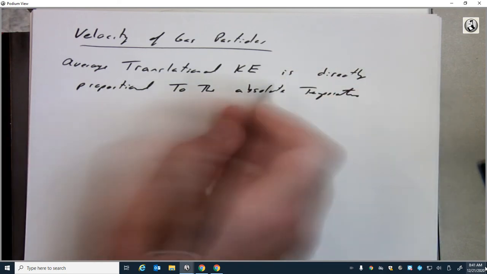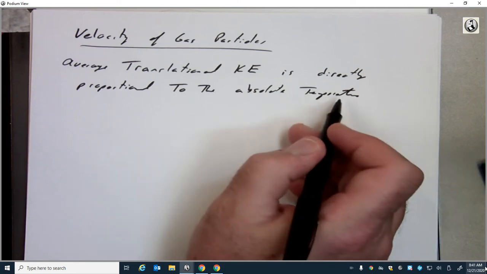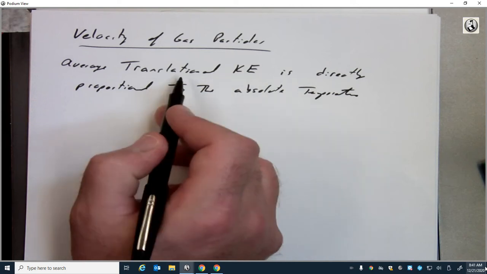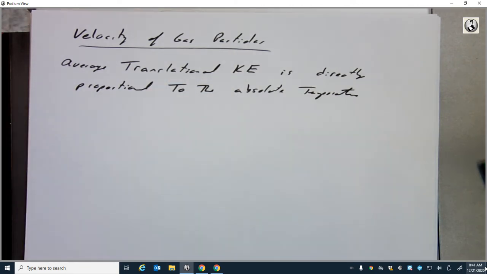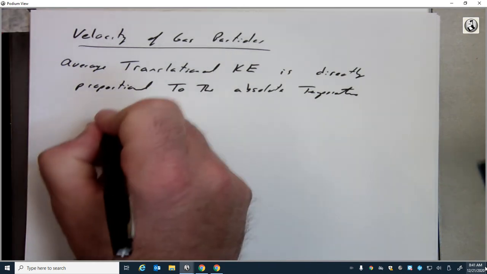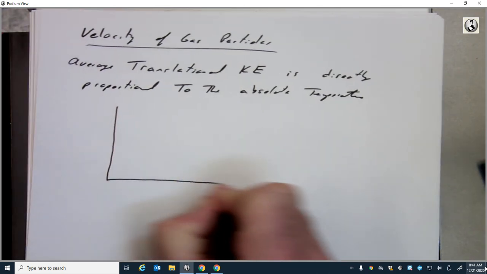Okay, so we know this already. So we know that as the temperature increases, the translational kinetic energy of the gas particles is also going to increase.